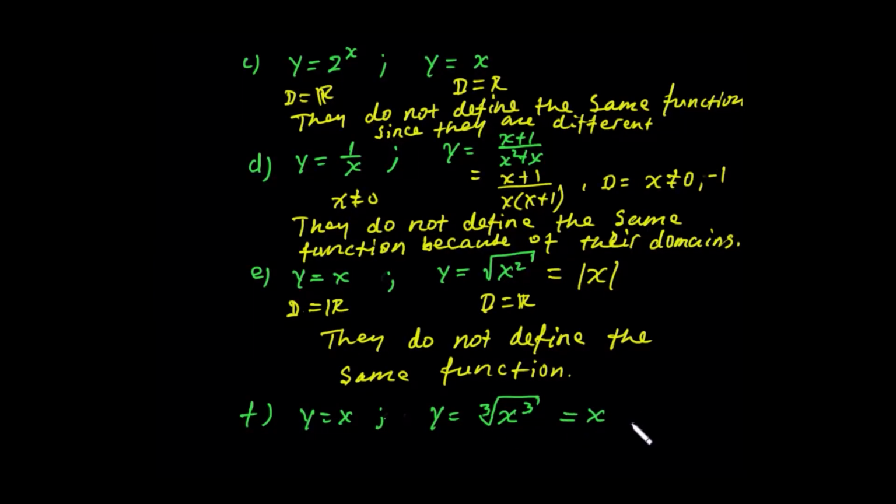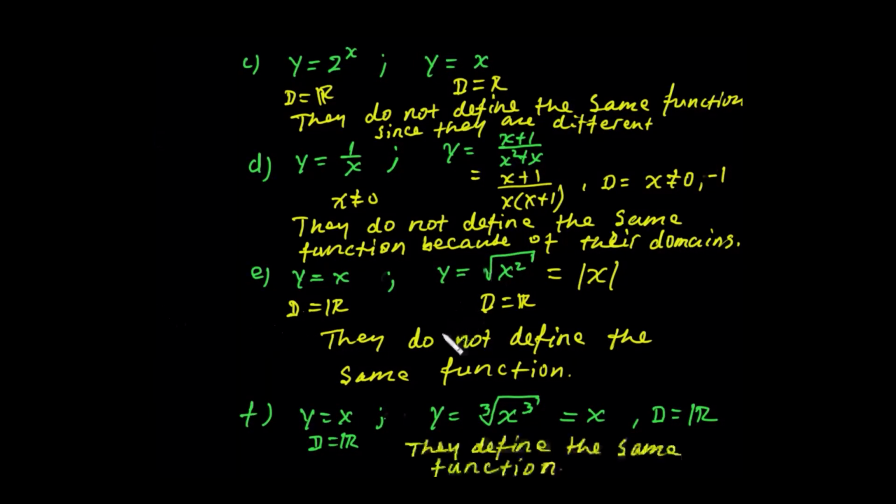So what is the domain of both? The domain becomes all real numbers for both, so they are the same, and they define the same function. Students, y equals x and y equals the cube root of x cubed are the same, their domains are equal, and they define the same function. That is enough for today; we will meet next time in another subtopic.